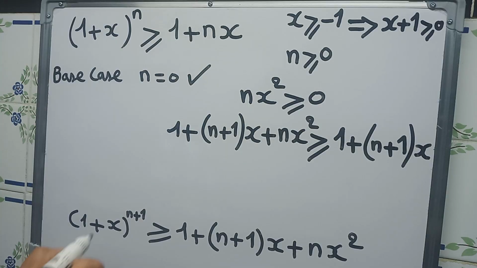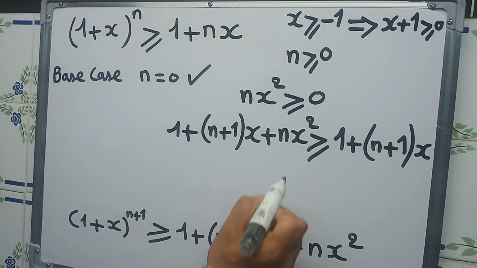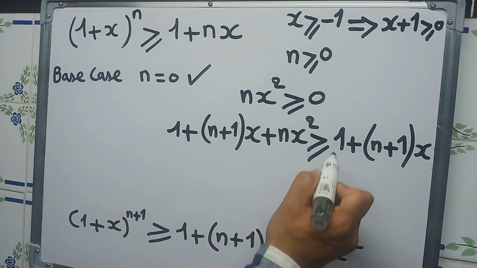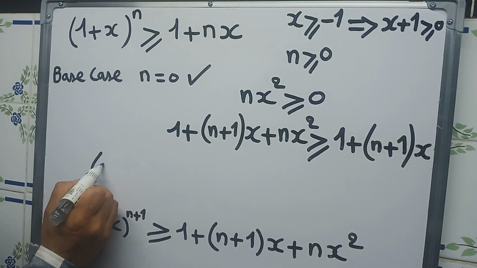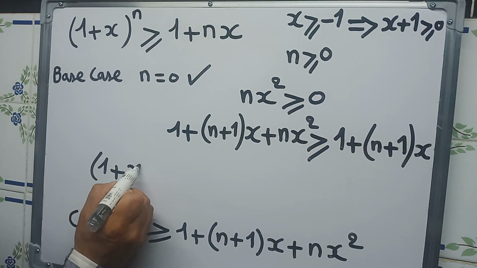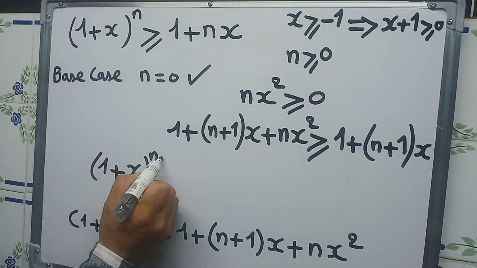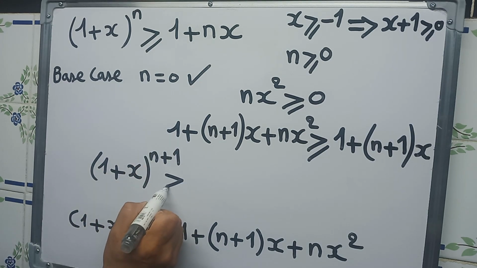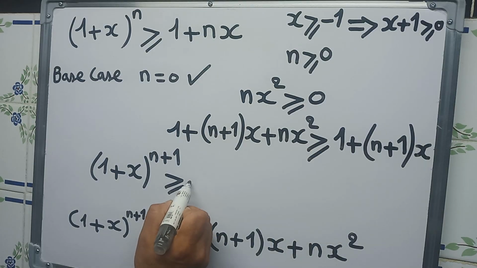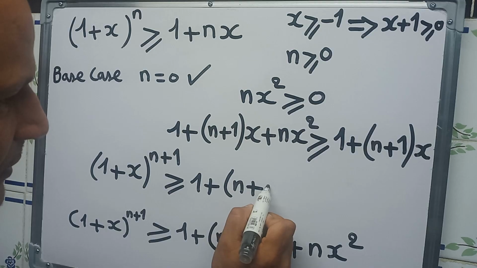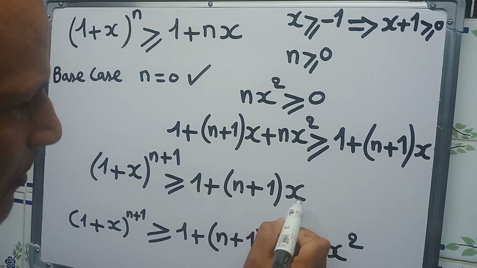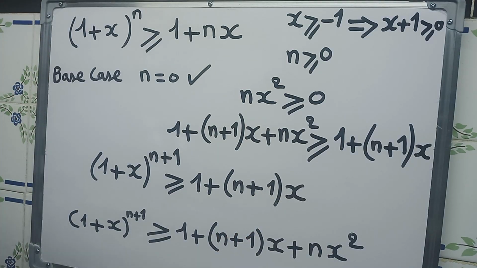And now from those two inequalities, we have this number is greater than or equal to this one, and this one, the same number here, is greater than or equal to this one, meaning that we will have (1 + x)^(n+1) is greater than or equal to 1 + (n+1)x, meaning that the step holds.